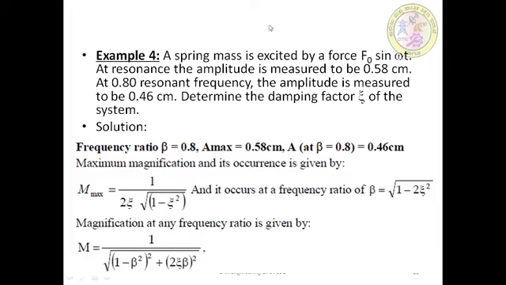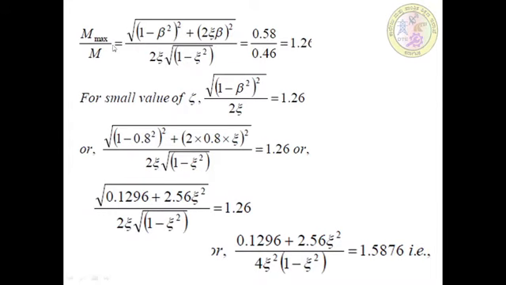Now the magnification factor is again written as M is equal to 1 divided by square root of (1 minus beta squared) whole squared plus (2 chi beta) squared. You substitute, and you divide the two ratios one by one.